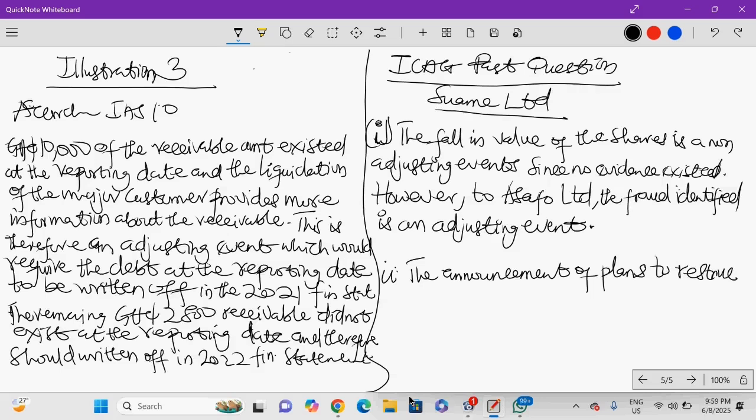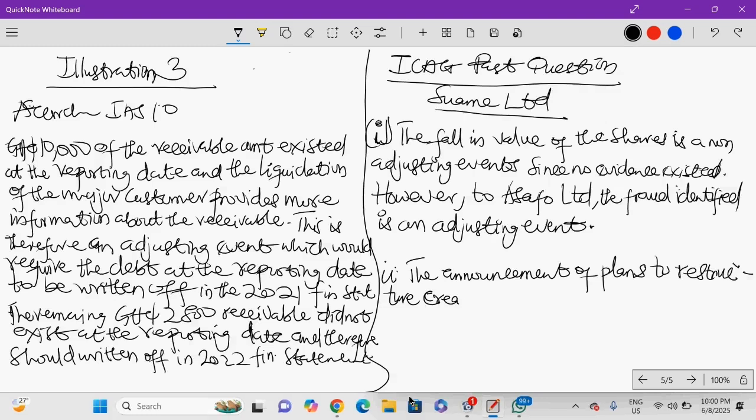Because of the worsening conditions. That announcement to restructure will have an effect on IAS 37 provisions.